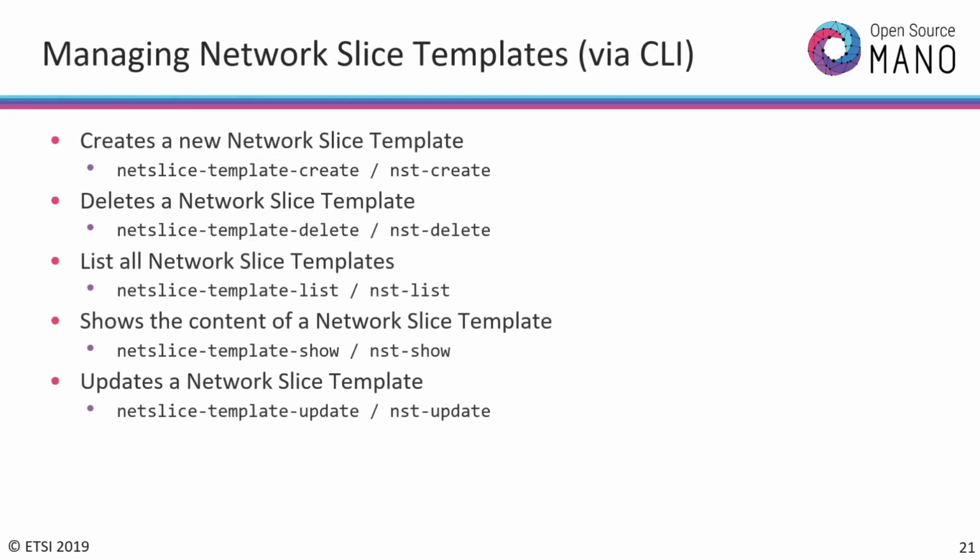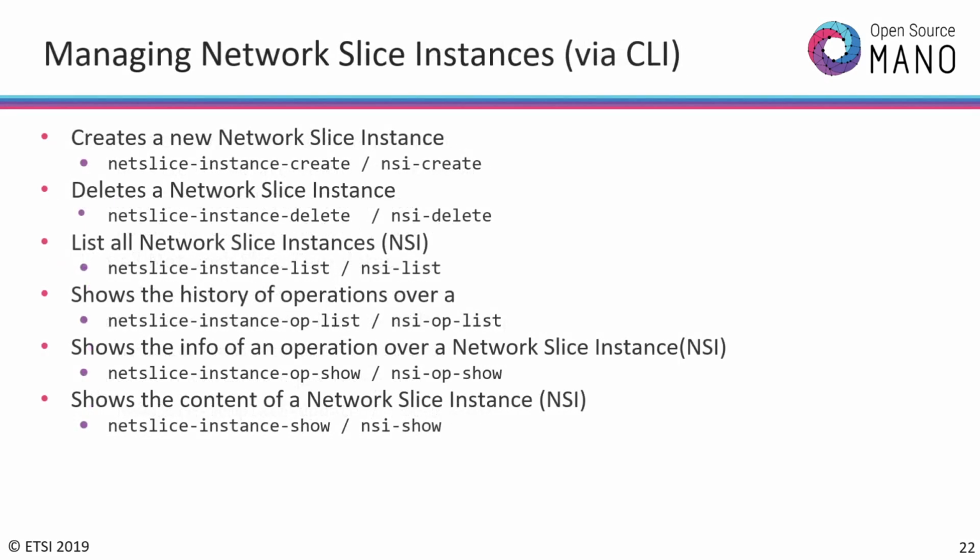Also, you have here other commands to operate the network slice templates and also the network slice instance. This list is just to review and use when you need it.